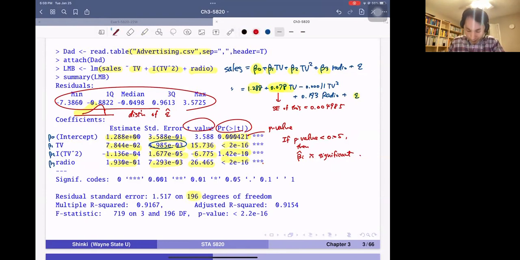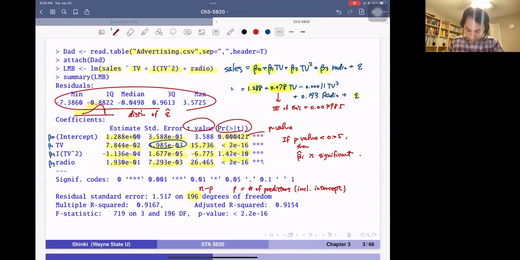So certainly we have to look here at the degrees of freedom. This is n minus p. N is the sample size and p is the number of predictors, the number of parameters, including the intercept. So we have four predictors: the intercept, TV, TV square and radio.